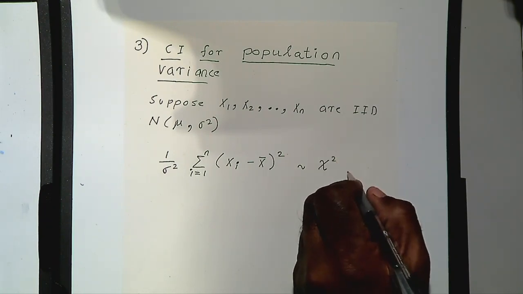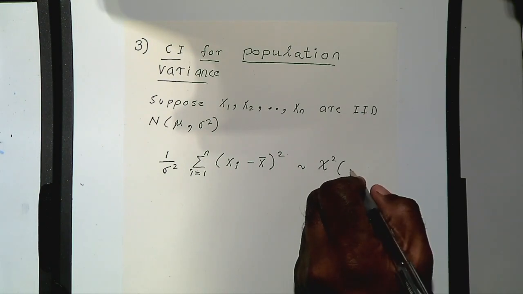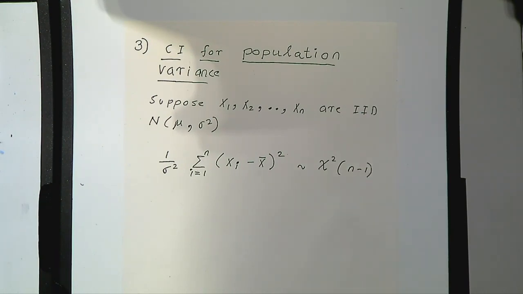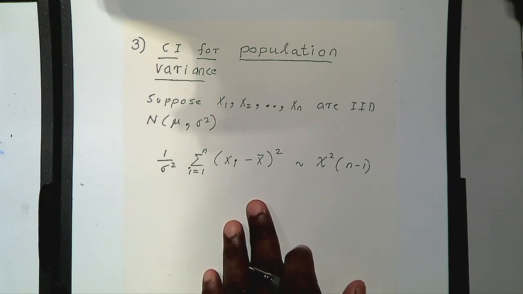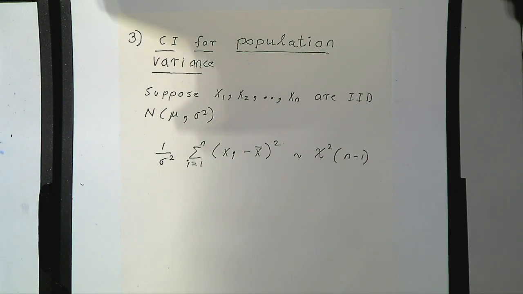Degree of freedom. Did you say 6? Oh, come on, guys. It's n minus 1, okay? So this is a result I mentioned in the class, some time ago. I don't know whether you remember or not, right?